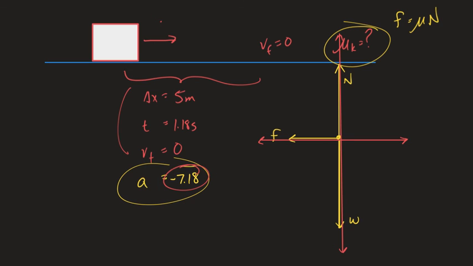I know that that acceleration has to be due to the fact that the box is being accelerated by friction. I'm going to make the negative x direction in the direction of the frictional force because the acceleration came out to be negative. And normal.